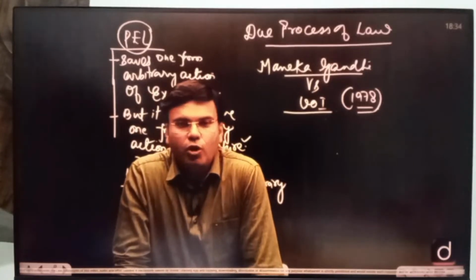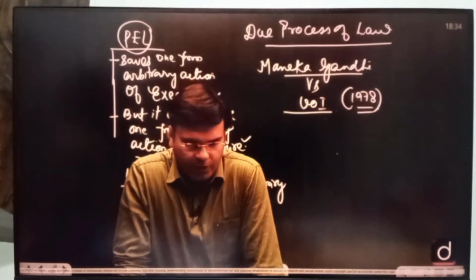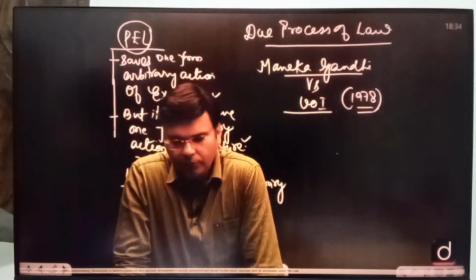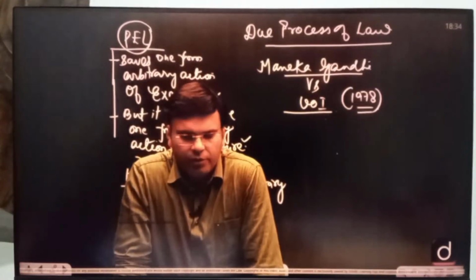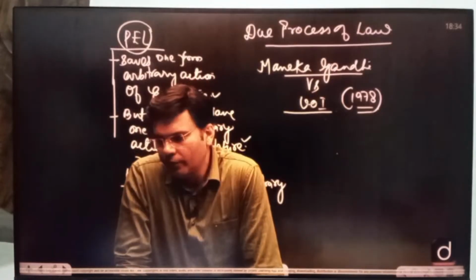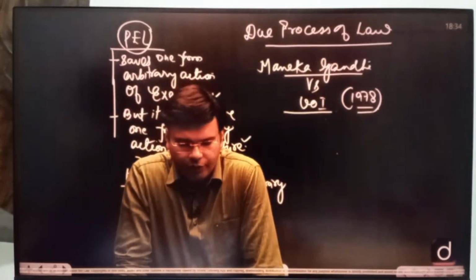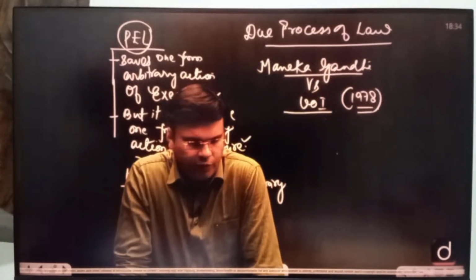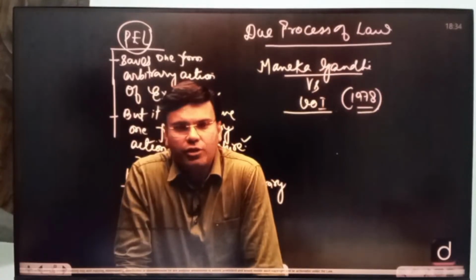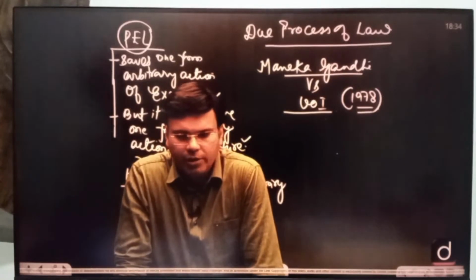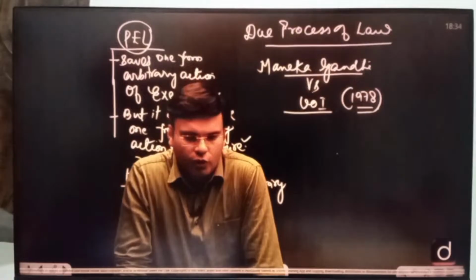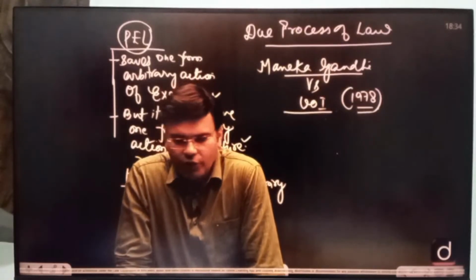Procedure नहीं, the law must be, है ना? प्रोसीजर के बदले लिखो लॉ, प्रोसीजर को काट दो। The law must be just, fair and reasonable, which is closer to the American concept of due process of law.